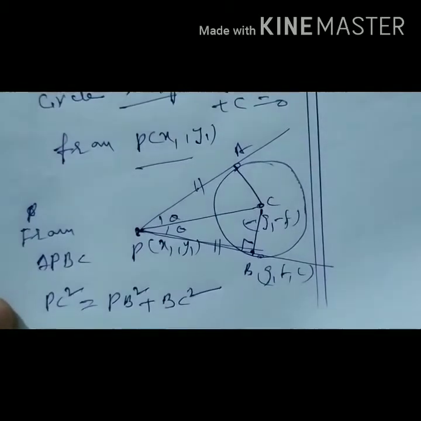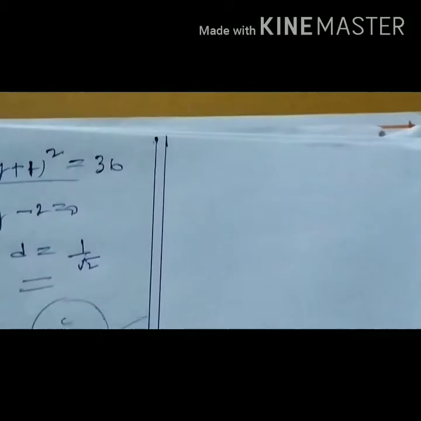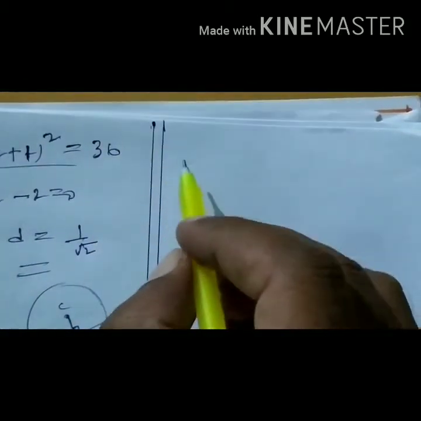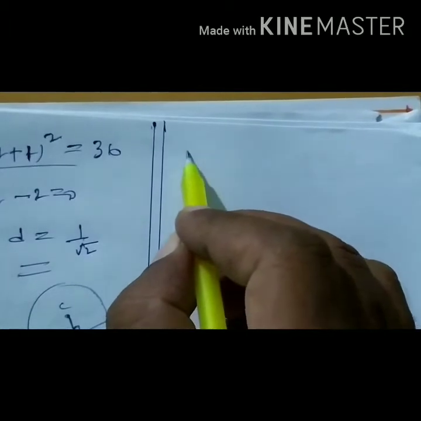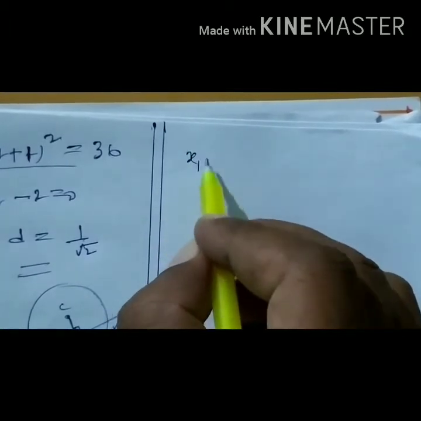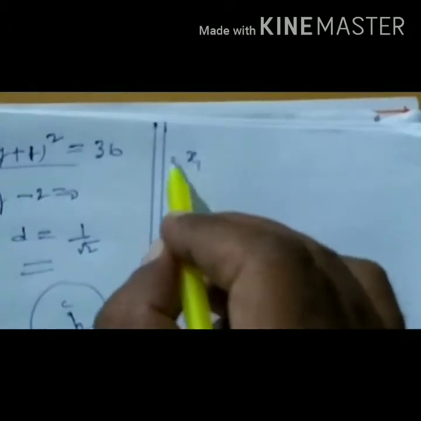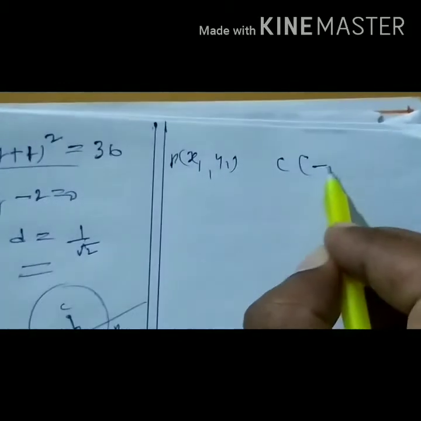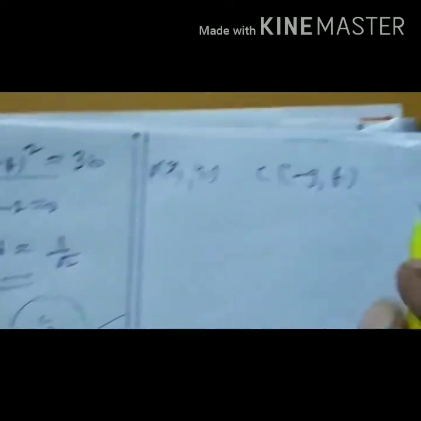Therefore, we can write PC square. P is (x1, y1) and C is (minus g, minus f).